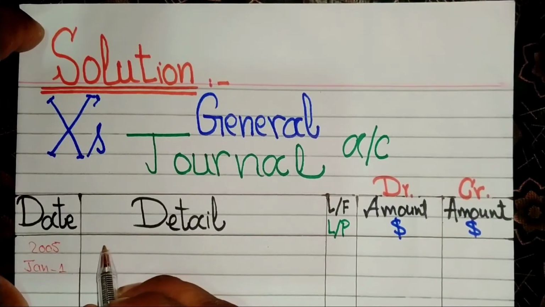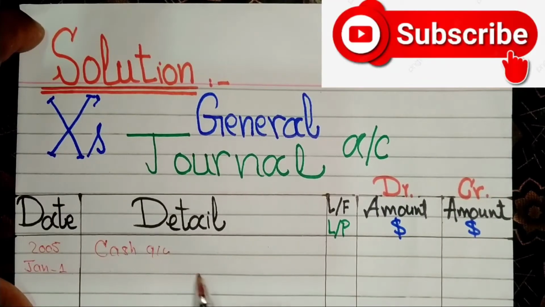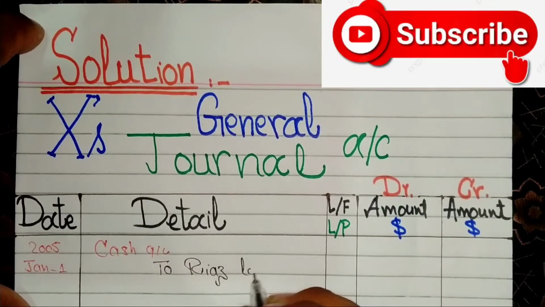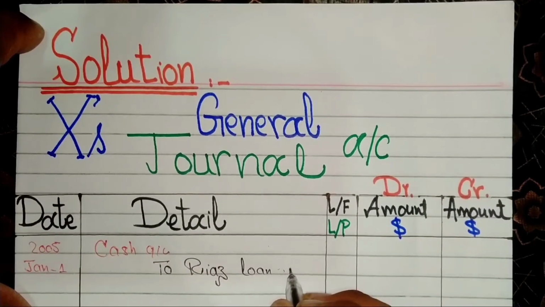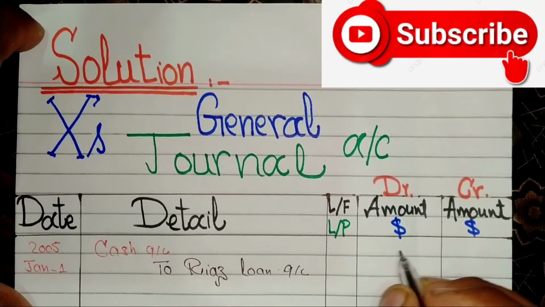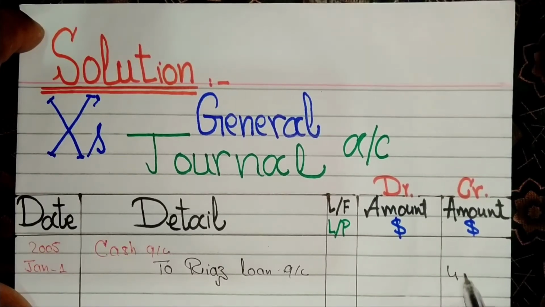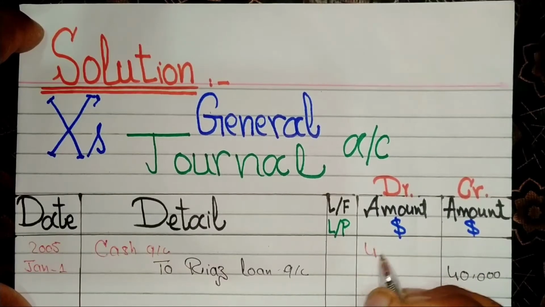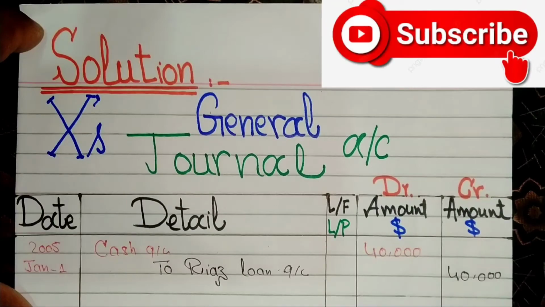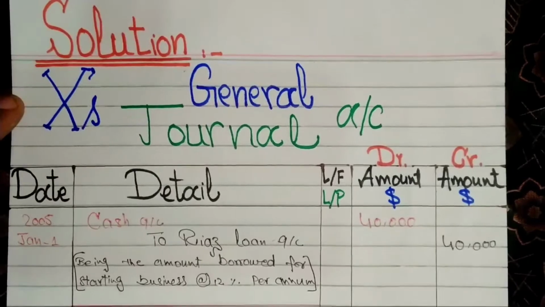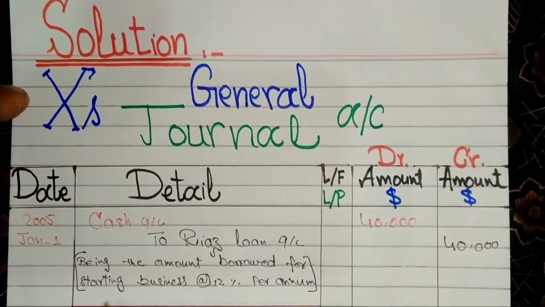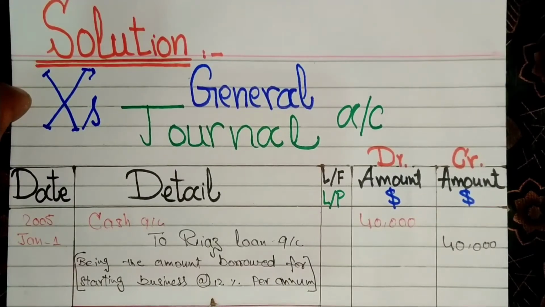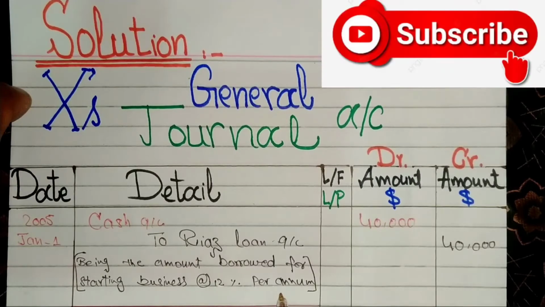So the entry will be: cash account debit to Riaz loan account credit, with amount $40,000, with description: being the amount borrowed for starting business at the rate of 12% per annum.